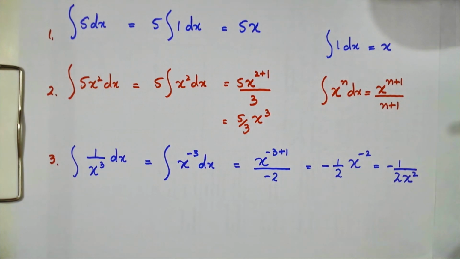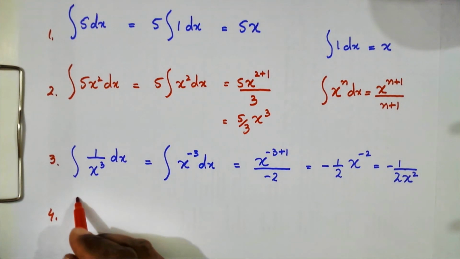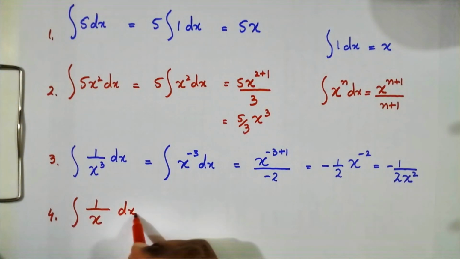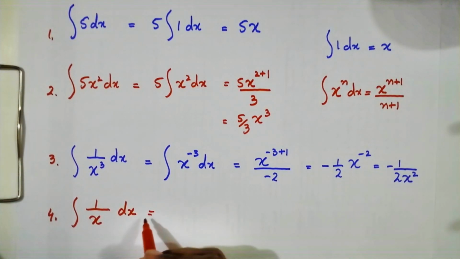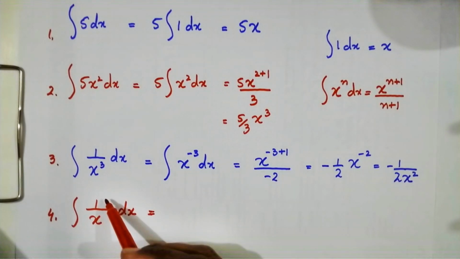Now I am going to take another example. Suppose the variable in the denominator has power 1, then we don't need to move this variable towards the numerator.